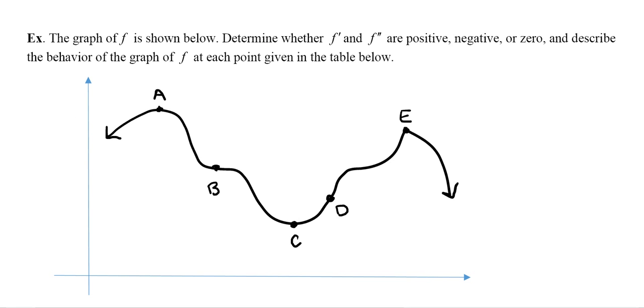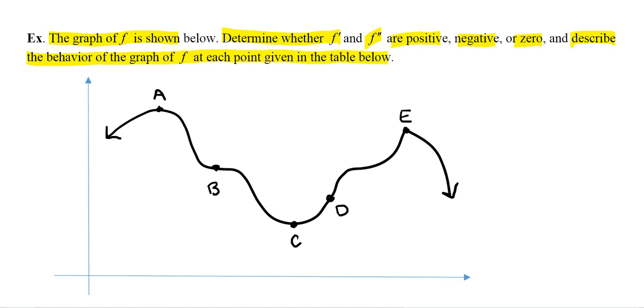Okay, so in this next question here, I have this graph, and I have several points, A, B, C, D, and E, and the instructions are: the graph of f is shown. Okay, so this is my original graph, and determine whether f prime and f double prime are positive, negative, or 0, and describe the behavior of the graph of f at each point given in the table below.